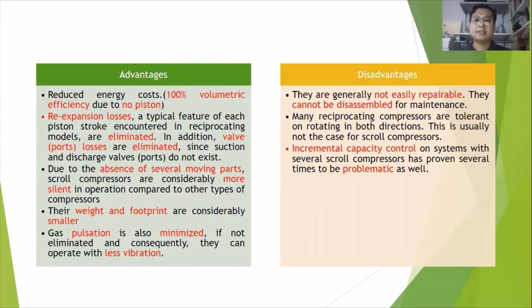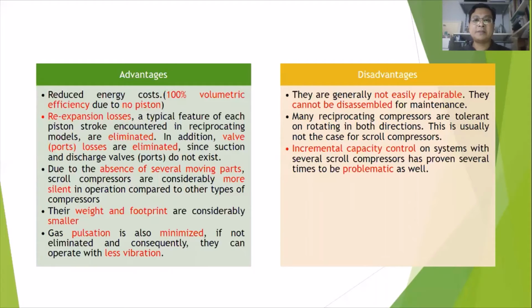But the disadvantages: they are generally not easily repairable. They cannot be disassembled for maintenance. Maybe this one is assembled by machine, and is difficult to do by hand. That's why it is very difficult to maintain. Maybe just take it off, then replace.